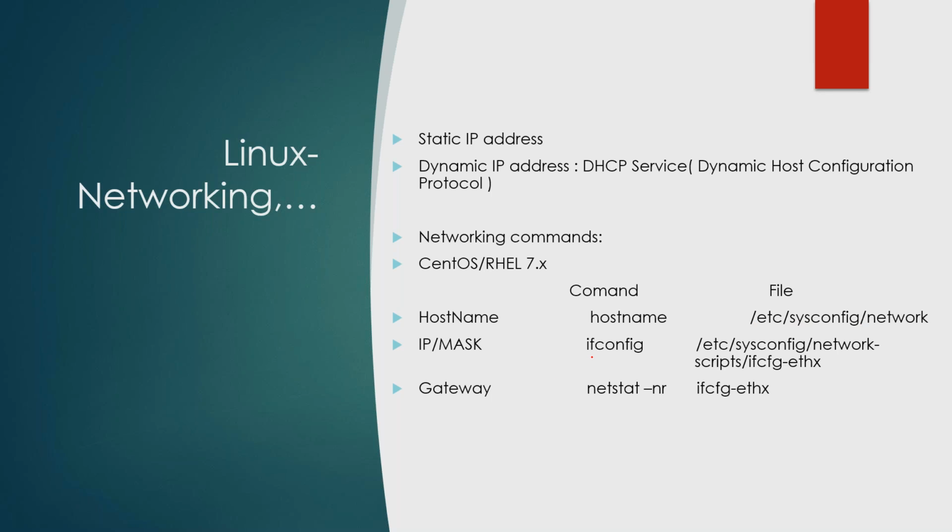If you want to check the IP address, you go with a command like ifconfig, and those details are found in /etc/sysconfig/network-scripts/ifcfg-eth. Okay, this is the file where all the information is available. If you want to check the gateway details, then the command is netstat -enr, which will give the gateway details for your server that is connected.